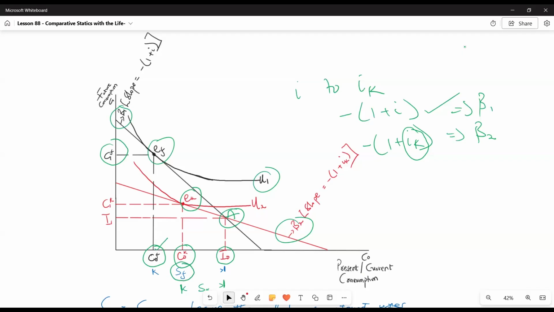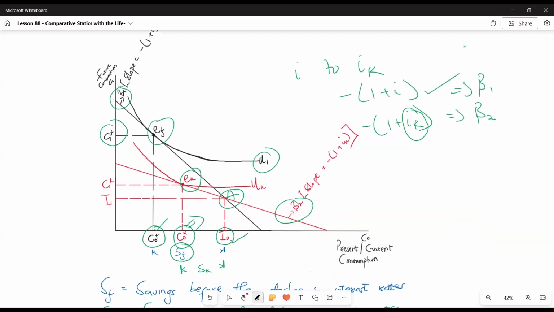Now, because his consumption in the present period has increased due to a decrease in the interest rate, his savings has also reduced. So his current saving with the new interest rate is the difference between his income in the present period and his new current consumption. That's the difference called SK.